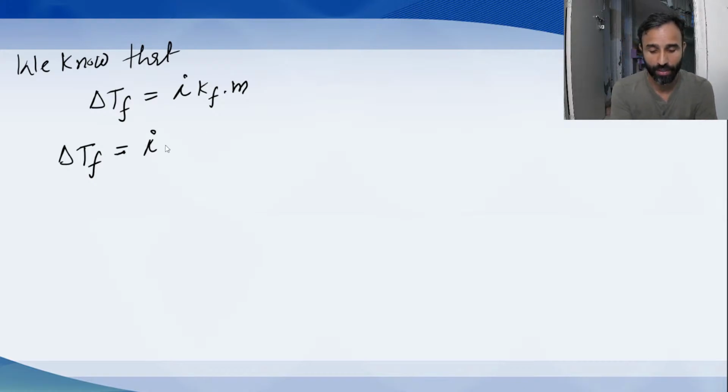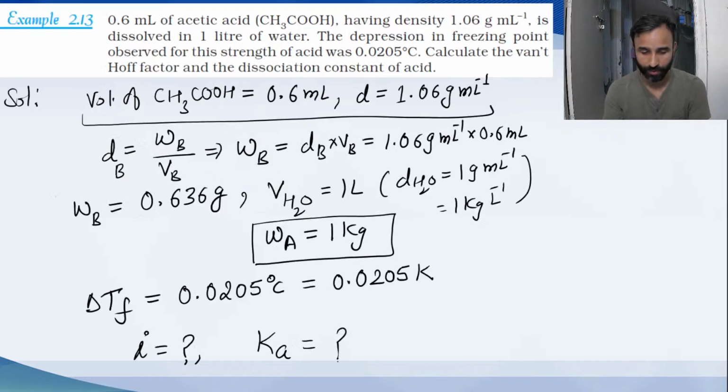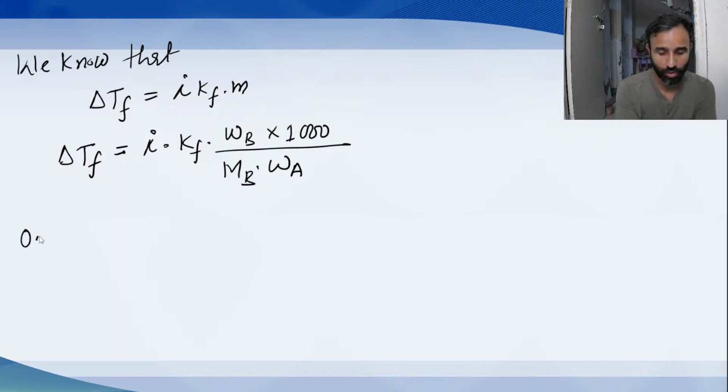Okay, so I into KF, but molality is not given, so just expand it further: WB, MB, WA into 1000. So delta TF is 0.0205 Kelvin.